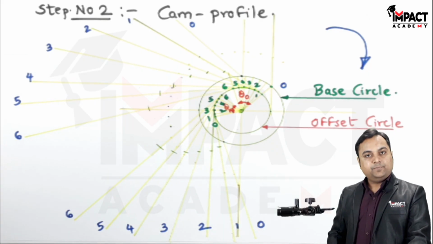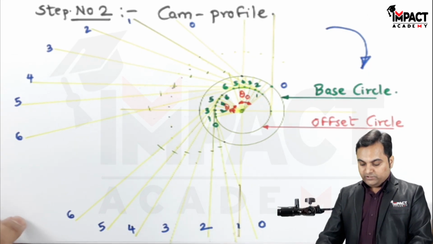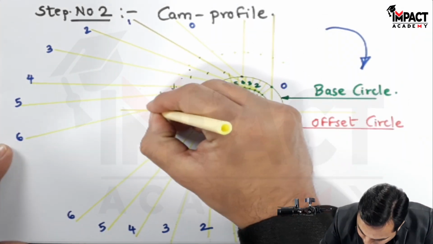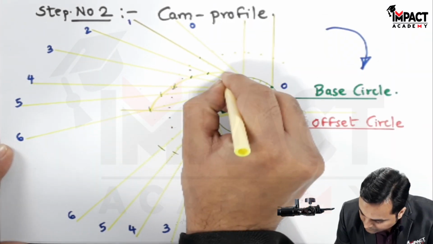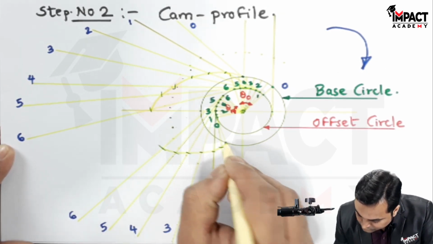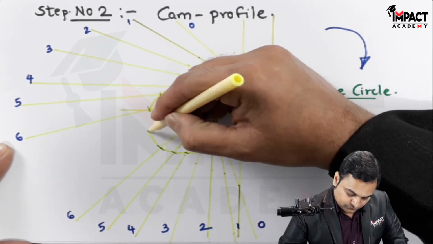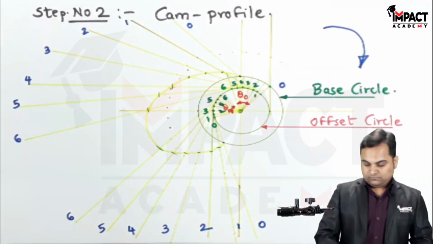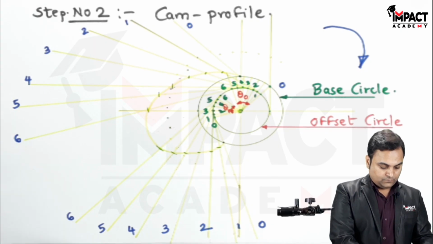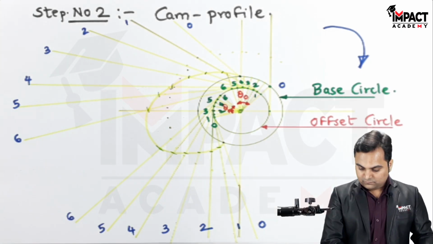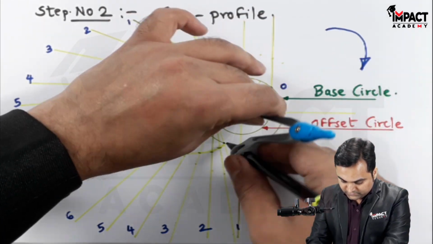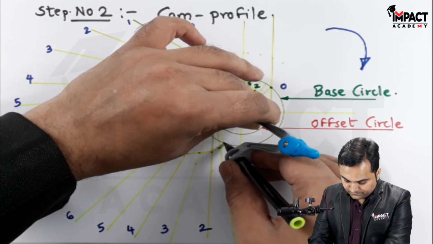in order to get the cam profile. So I would be joining all these points lightly and then I'll make them dark. And this is the remaining dwell period.